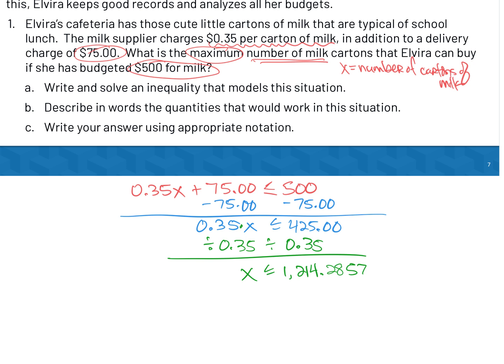No, right? So I need to round this. But do I have enough money for 1,215? I don't. So I'm going to round it to 1,214. This is the number of cartons I can have. So this was pretty much A.